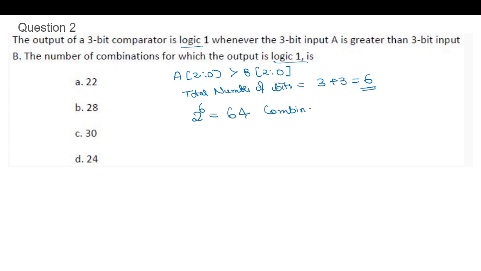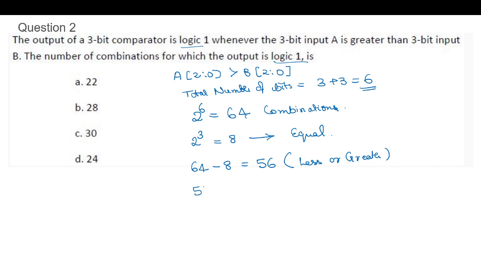And for one input it will be 2 to the power 3, which is 8. For this many combinations the inputs will be equal. So total 64 minus 8, total 56 combinations will be either less or greater.